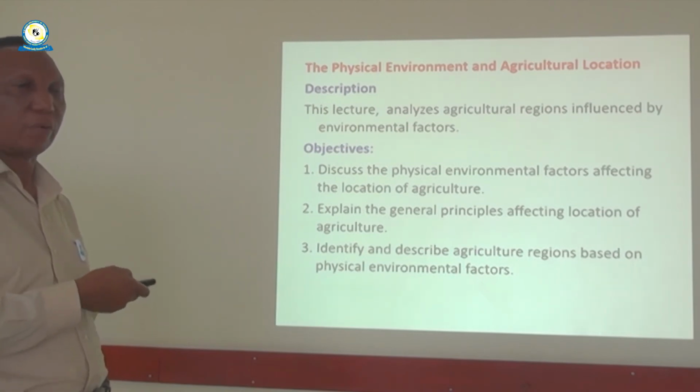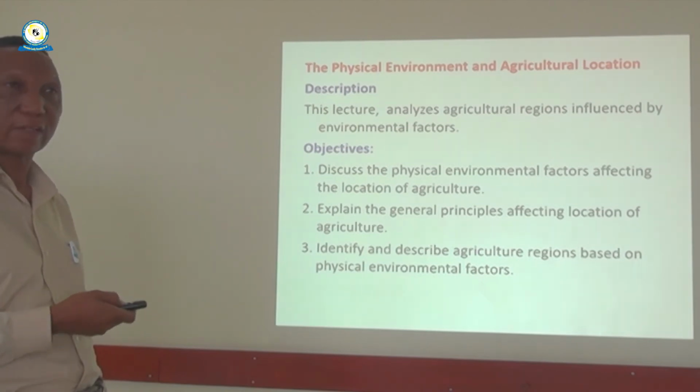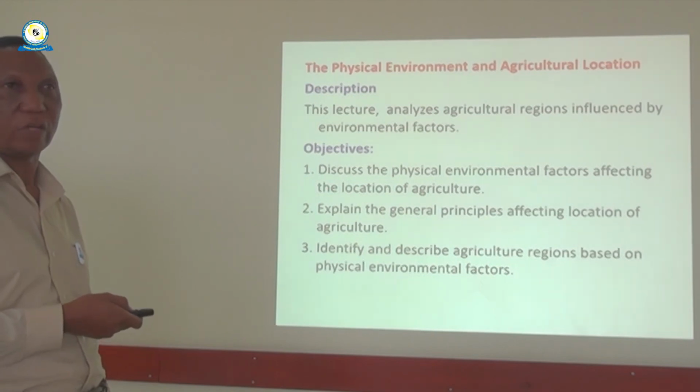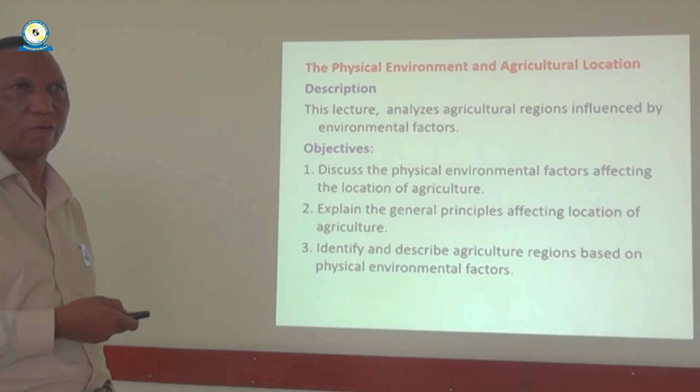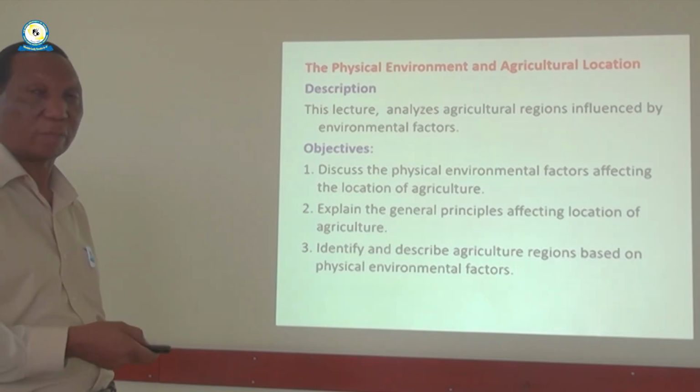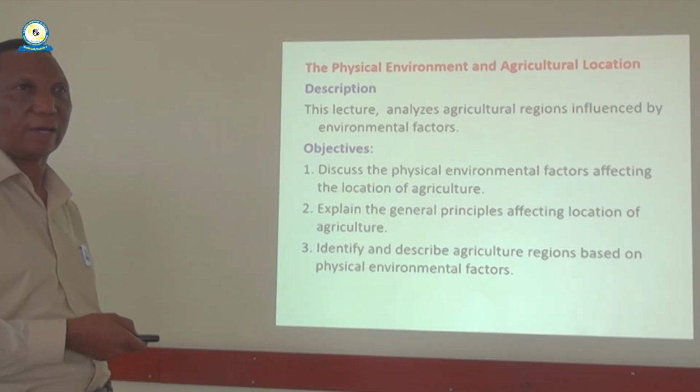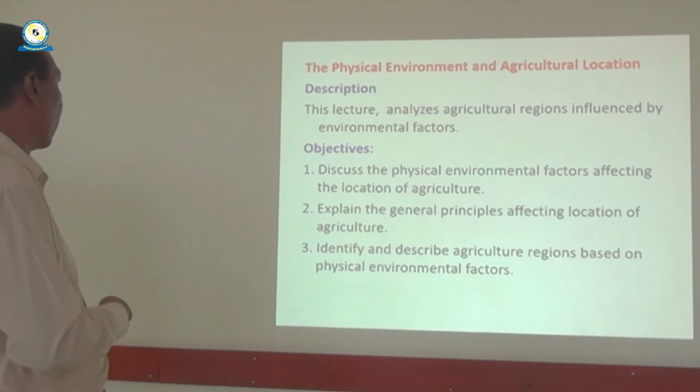For example, in mountainous areas, you find the type of agriculture which copes with the physical environment of climate, temperatures, rainfall. You find certain crops that can withstand or can conducively be grown.